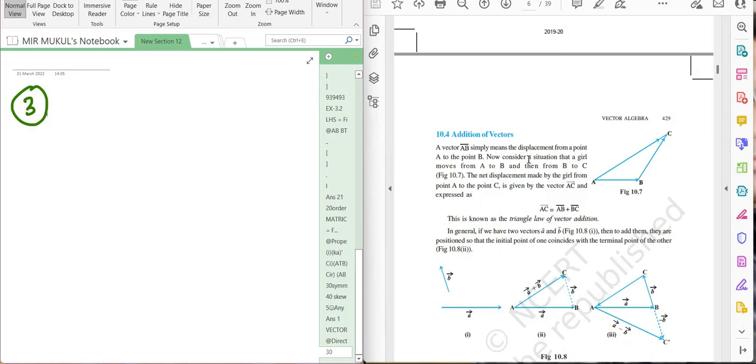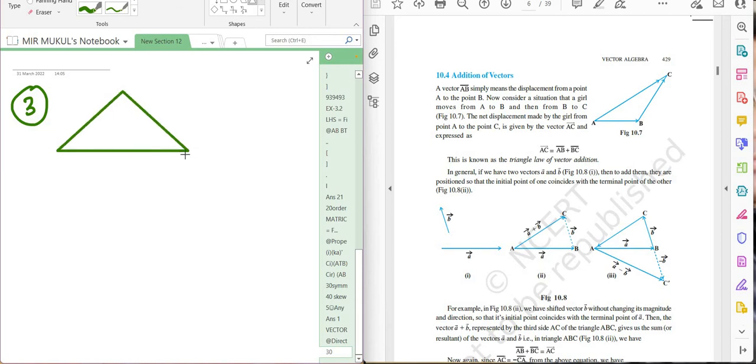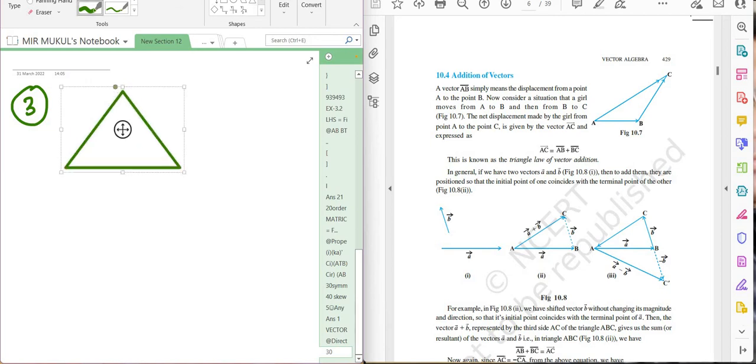Now addition of vectors. So if you add two vectors, so I am taking here A, B, C. Suppose AB is a vector and BC is another vector.